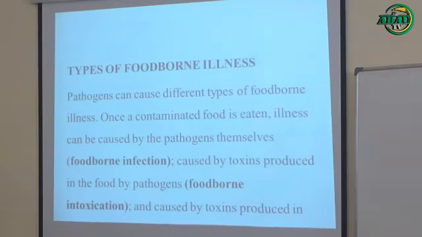This is the most important to pay attention to: toxins produced by pathogens in the food, foodborne intoxication, and the other kind, foodborne toxin mediated illness. But the most important are foodborne infection and foodborne intoxication.